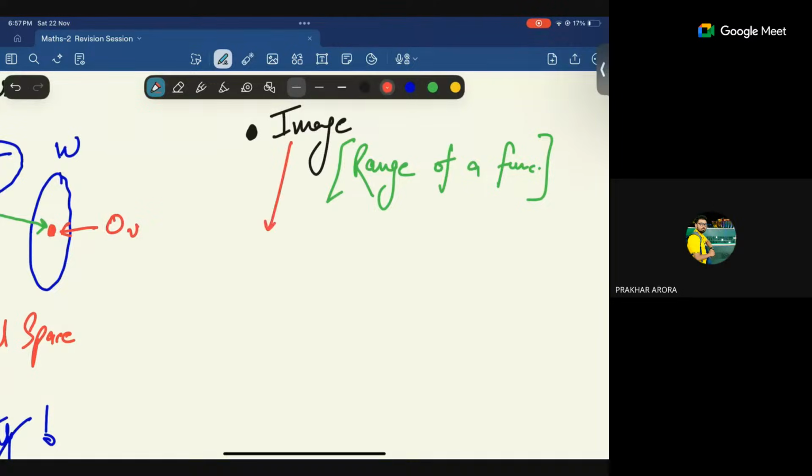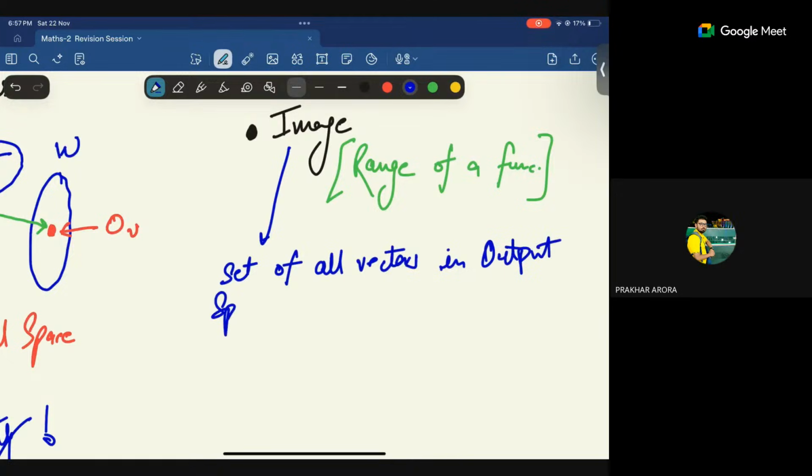Image is the set of all vectors in the output space that have a "pre-image" in the input space.